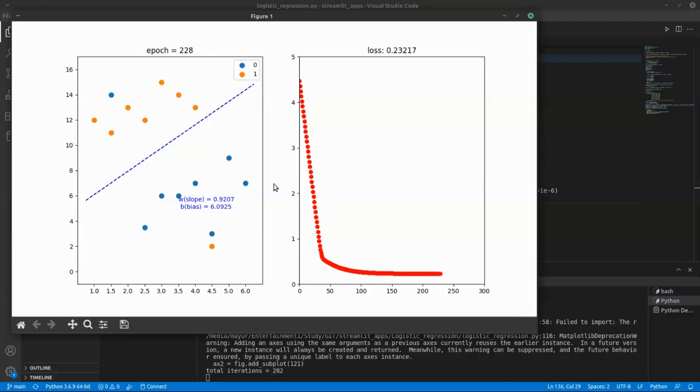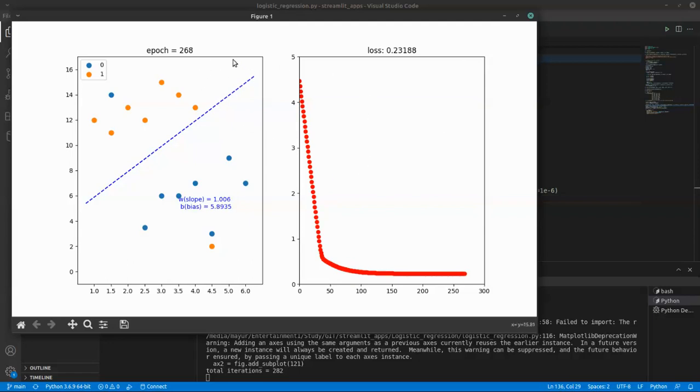That is defined by the tolerance: how accurate you want the line to be, or what should be the minimum update to the loss. As you can see, W and B are not changing much, and our loss is also not changing much, it is changing only after the fifth decimal point. So our tolerance is 1e-6, that's 10 to the power -6. If the loss is not decreasing by much, then we are good to stop.